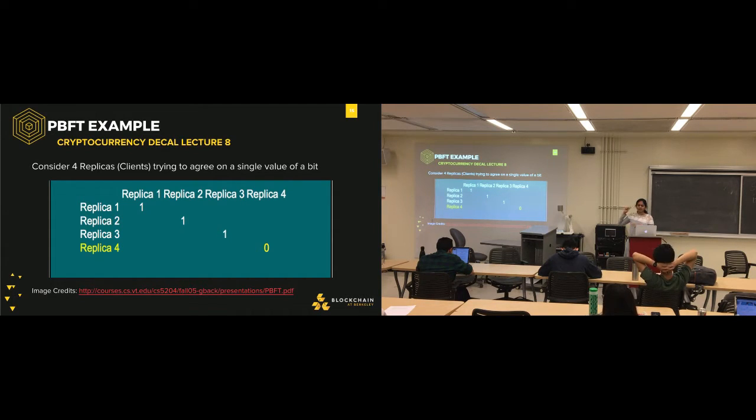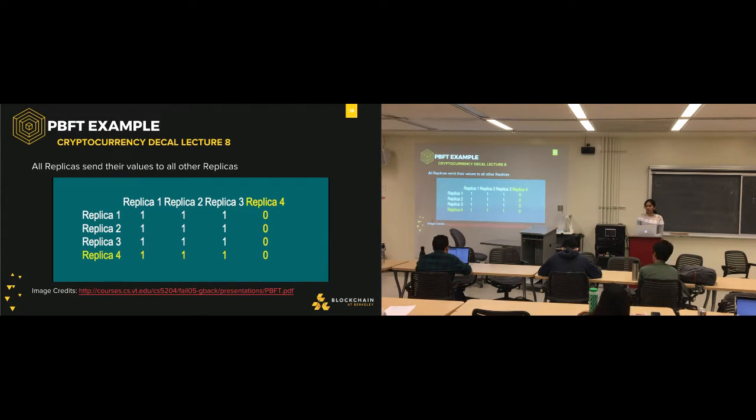So each of them first votes on their decision. All the replicas or all the nodes then send their vote to every other node in the network.